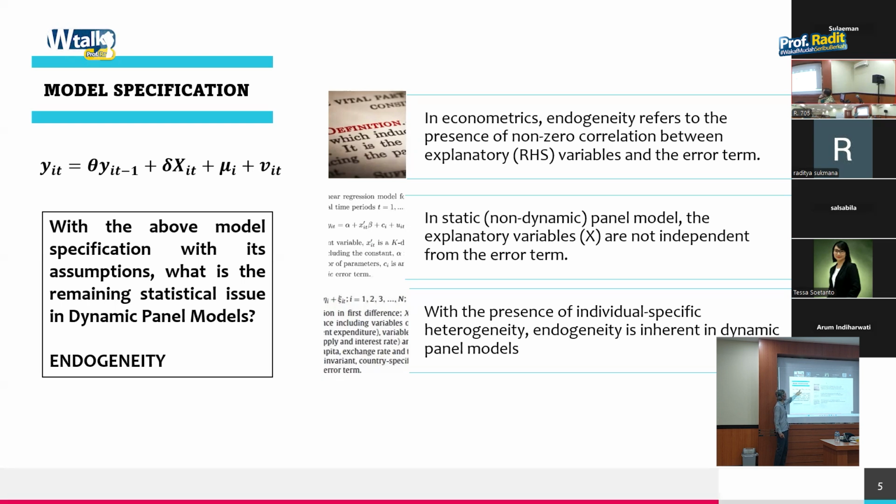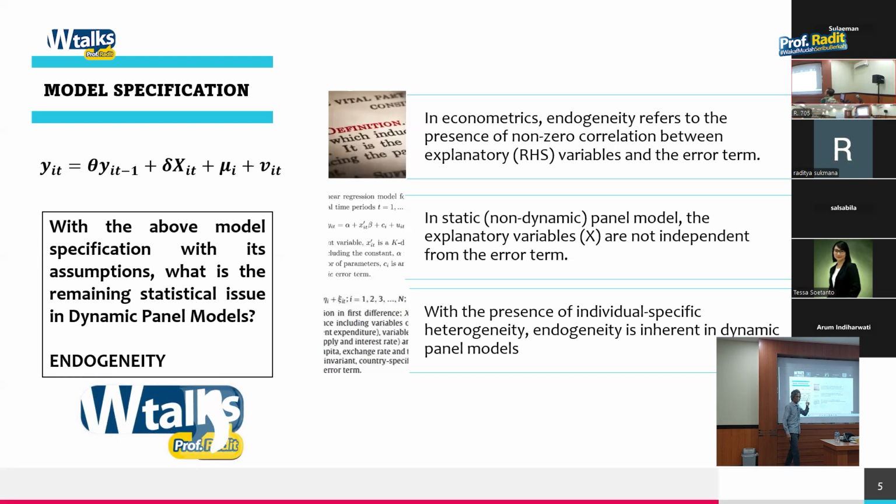But endogeneity comes from the correlation between the lagged dependent variable and the error term. You cannot assume that a dynamic panel model doesn't have an endogeneity problem, because endogeneity is part of dynamic panel models. It's the result of your model specifications. Because yit minus 1 will be correlated with the individual specific effect mu i.